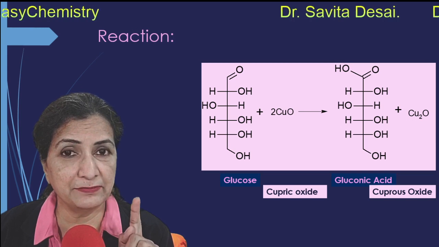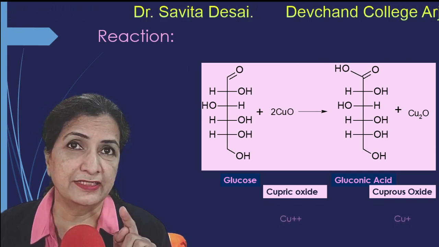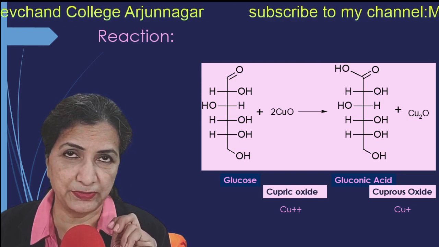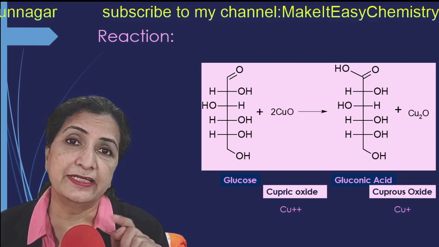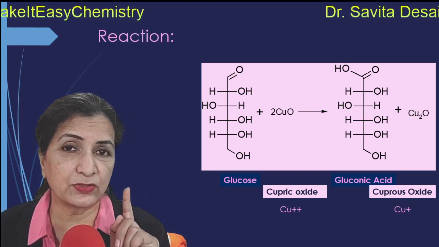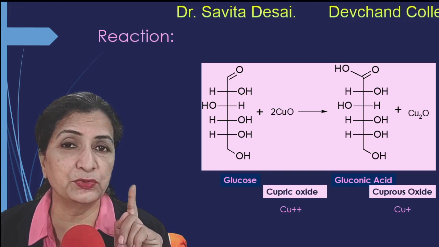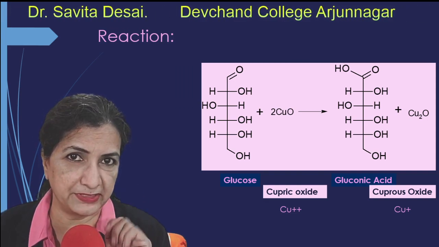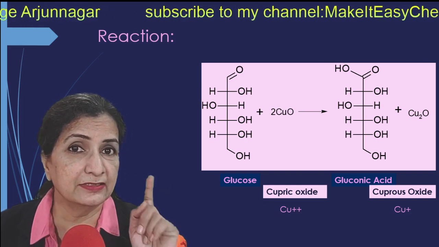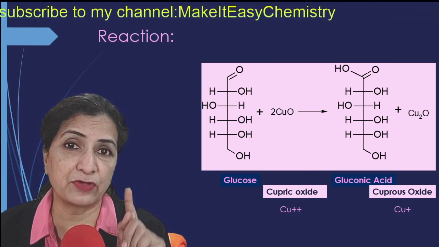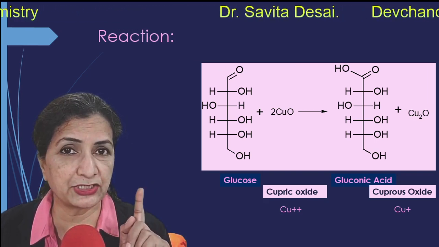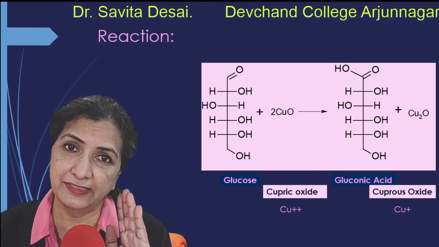At the same time, the cupric oxide, that is copper 2 plus, oxidation state 2 plus, gets reduced to Cu plus, oxidation state 1, and Cu2O, cuprous oxide, is obtained. So at the same time, when glucose is getting oxidized, the cupric oxide from Fehling's solution is getting reduced. This is the reaction involved.